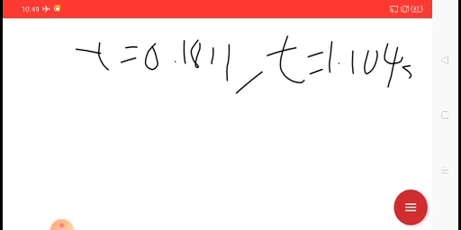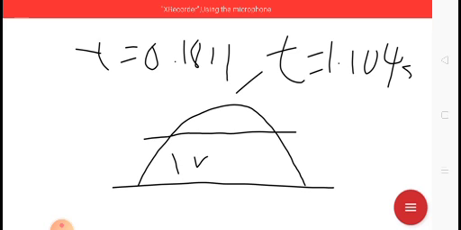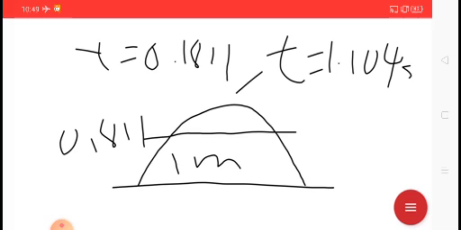So for these cases, which answer should you choose? You know that this is a parabola, so maybe at the 1 meter difference, the t will be this one is t1, this one is t2.